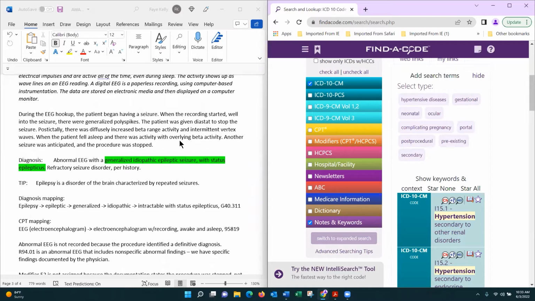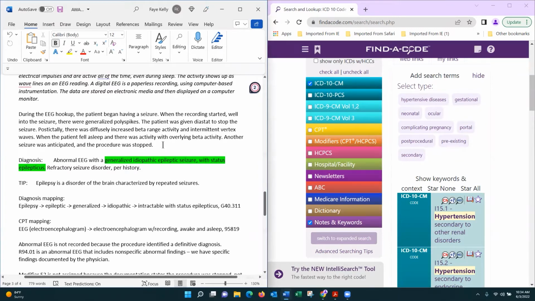Okay, when the patient fell asleep, there was activity with overlying beta activity. Another seizure was anticipated and the procedure was stopped. What I want you to see here is it was stopped. It wasn't discontinued. If it had been discontinued, then the physician would have documented that.